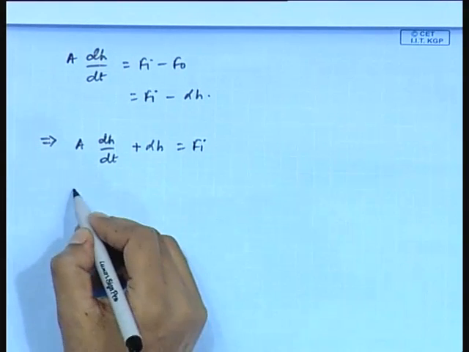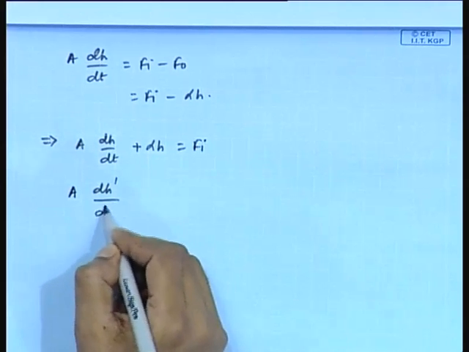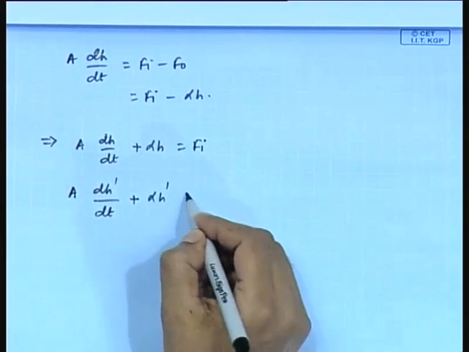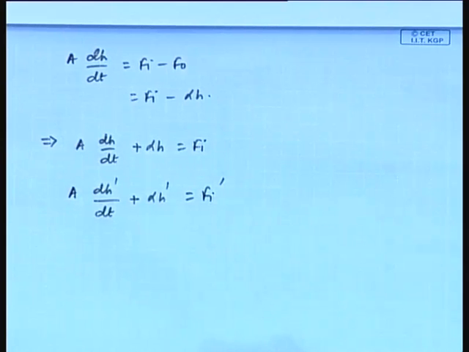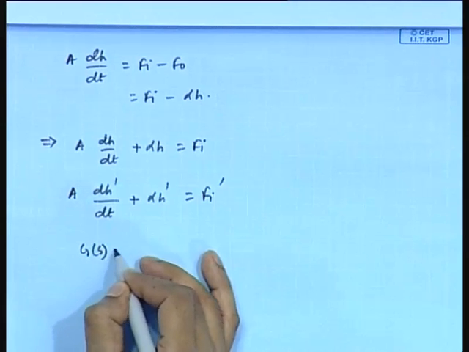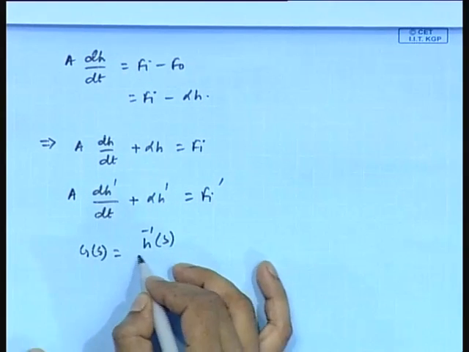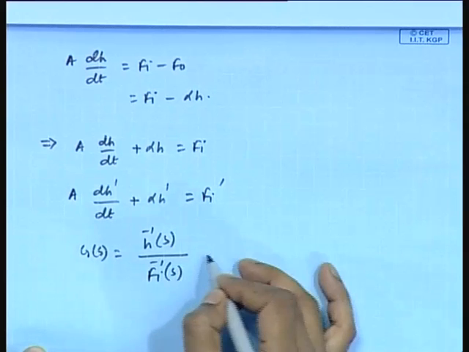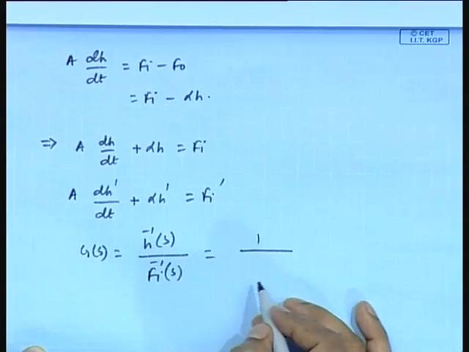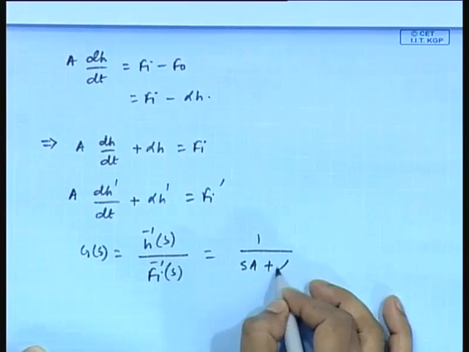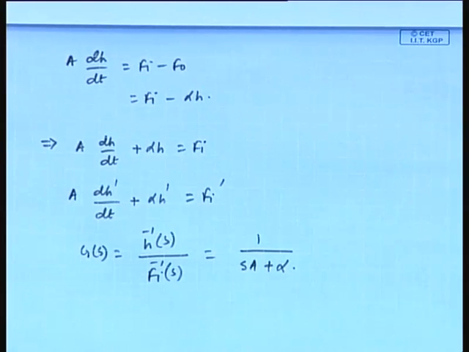If we write in terms of deviation variables, we will get A dh'/dt plus alpha h' equals F_I', fine. So, what will be the transfer function for this? H bar prime(s) divided by F_I bar prime(s) equal to 1 divided by (A s plus alpha). Can I write this? Agree or not?